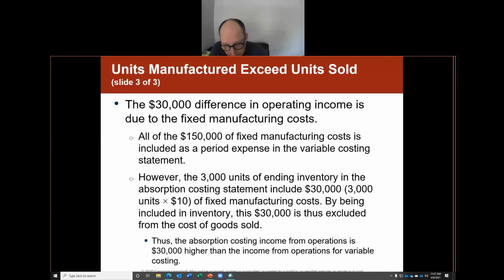And that's the reason why the two are so substantially different.